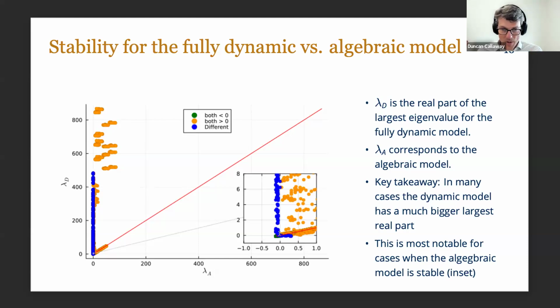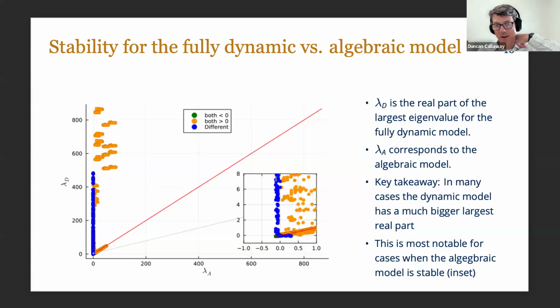The place that I actually want to focus is down here. A blue dot means that the models differ. That is, the stability conclusion, stable or unstable, for the dynamic versus the algebraic is different. Right down in here, you can see there's a cluster of green points. That means you have the same conclusion of stable. The orange points are the same conclusion of unstable. And then the blue points are where they differ.